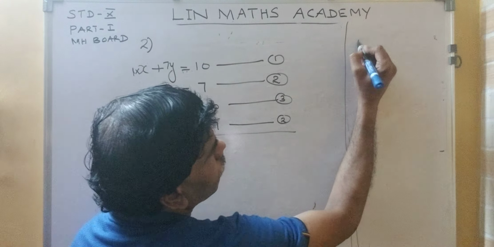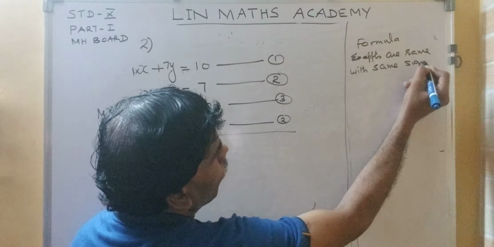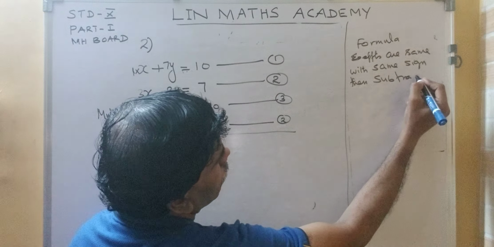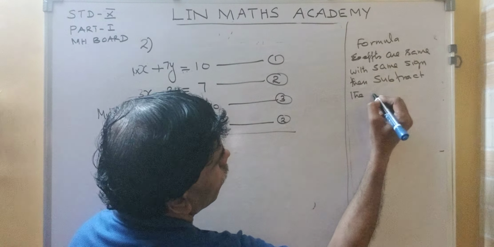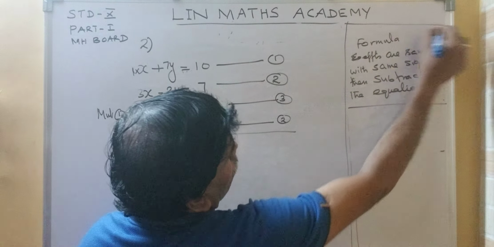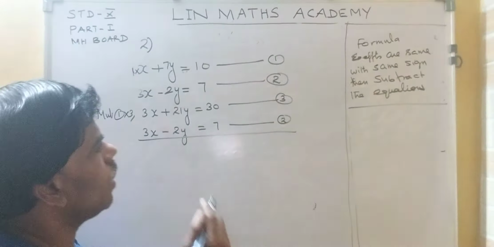So formula: if coefficients are same with same sign, then subtract the equations, as we have done in the earlier sum.